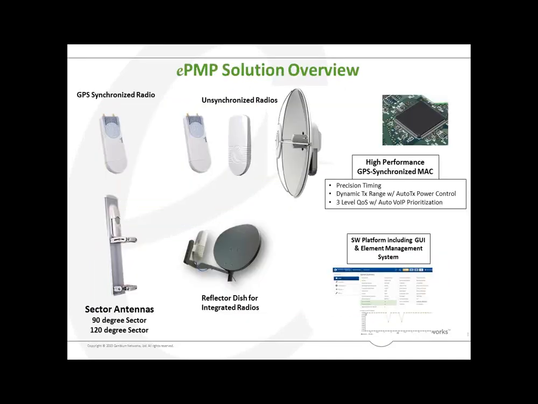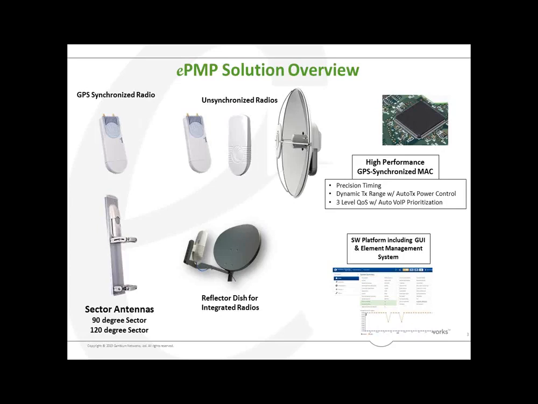Brief overview of the solution. The ePMP is a set of radios in both the 5 gigahertz and the 2.4 gigahertz bands. We have a GPS synchronized radio, which acts as the access point in a GPS synchronized point-to-multipoint solution. And then we have several unsynchronized radios, which can either be clients to an access point or can be point-to-point radios.